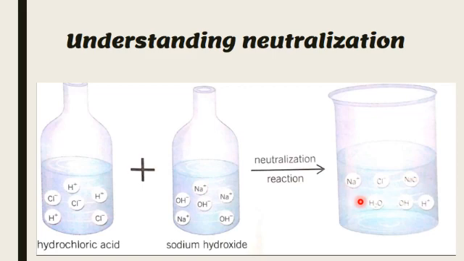One more important thing, students: the stronger the acid, the more hydrogen ions it will have. Hydrochloric acid contains 1 hydrogen ion. Sulfuric acid contains 2 hydrogen ions. It means sulfuric acid is stronger than hydrochloric acid. Phosphoric acid contains 3 hydrogen ions.